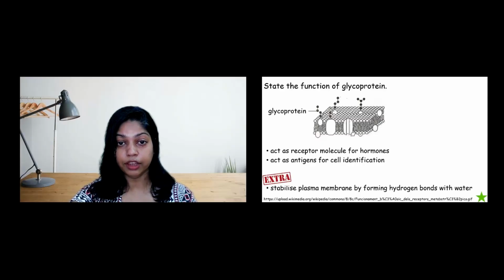This identification allows the immune system to protect the body's own cells and destroy foreign cells, such as pathogens. In addition, glycoproteins also help to stabilize the plasma membrane by forming hydrogen bonds with water.